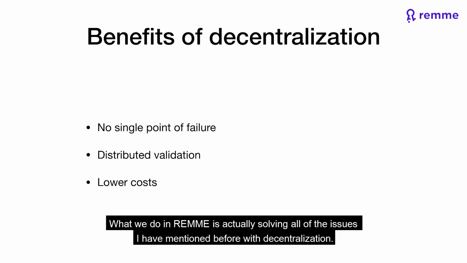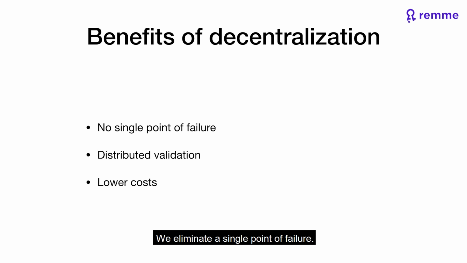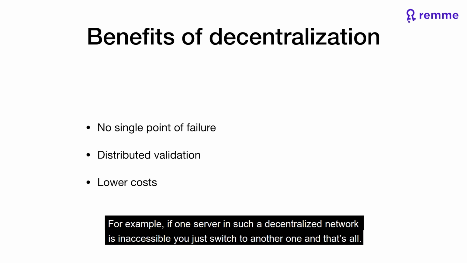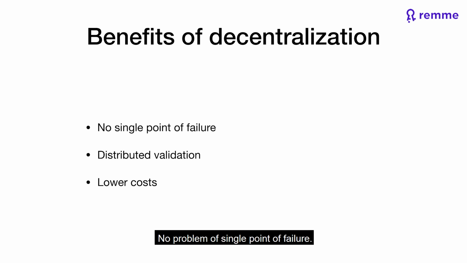What we do in Remme is actually solving all of the issues I mentioned before with decentralization. It eliminates the single point of failure. For example, if one server in a decentralized system is inaccessible, you just switch to another one, and that's all. No problem of single point of failure.